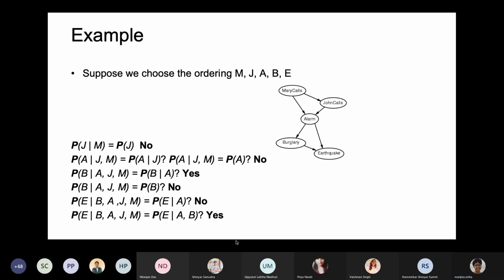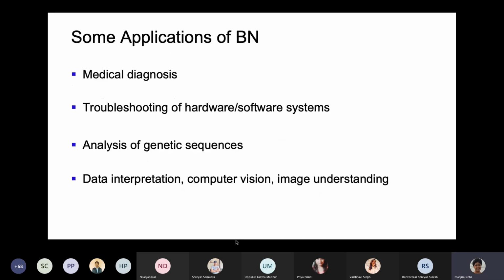Understood? Yes, ma'am. So we have done Bayesian nets.